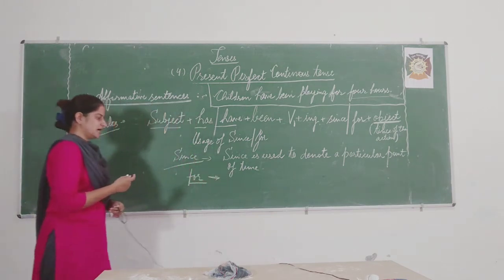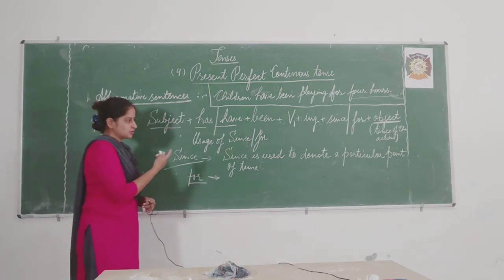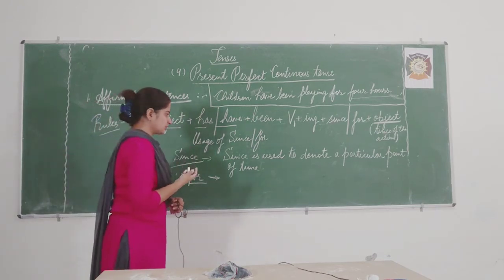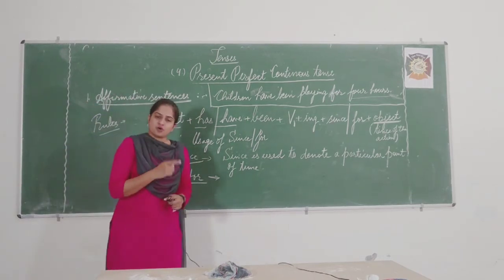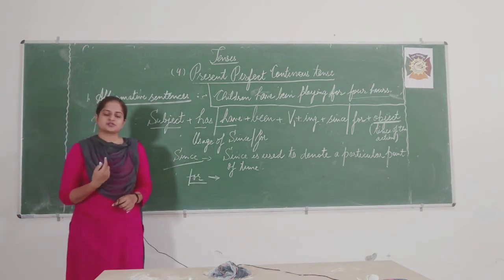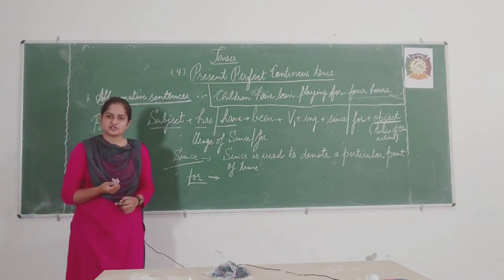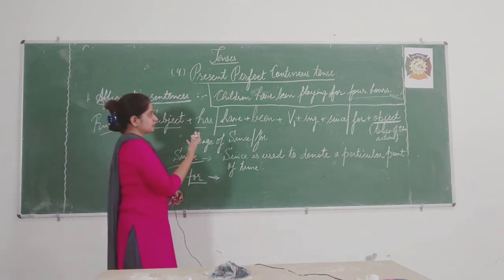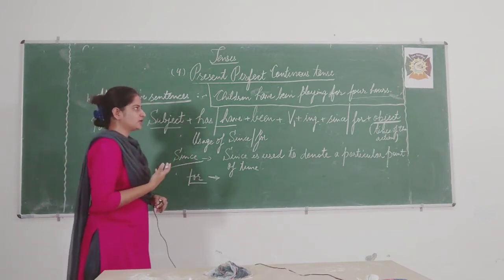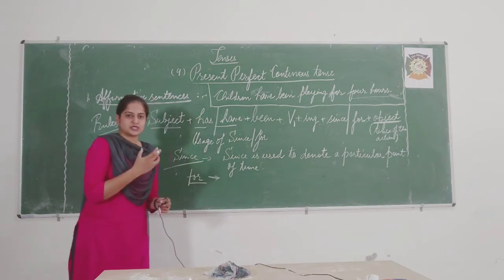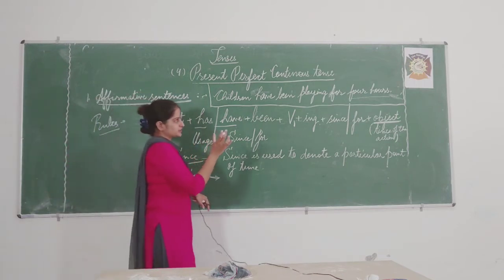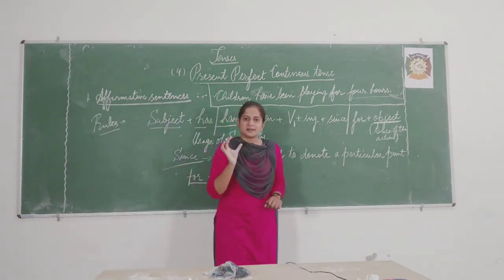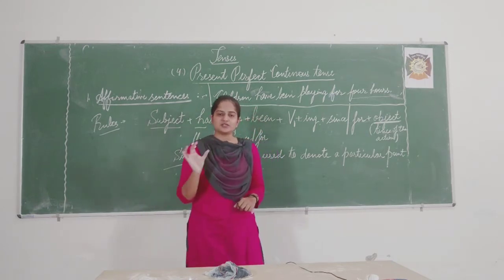As since is used so as to tell about a particular point of time, for is always used to denote or to tell about the duration of time. For example, children have been playing for 4 hours. So here I am telling about the particular duration, time period. Time period is 4 hours.